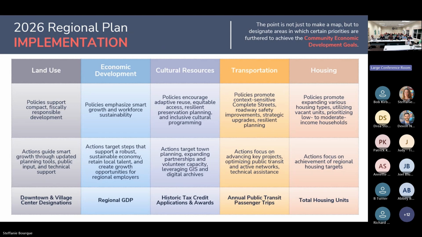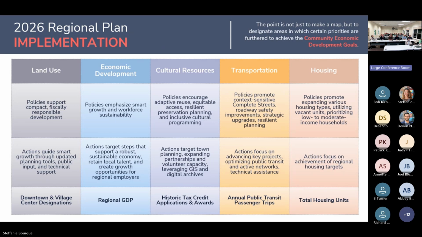So for land use, that one indicator of progress is the number of downtown and village center designations in the region. For economic development, we have policies that emphasize smart growth and workforce stability. We have actions that target steps that support a robust, sustainable economy, retain local talent, and create growth opportunities for regional employers. And our annual indicator is regional GDP.